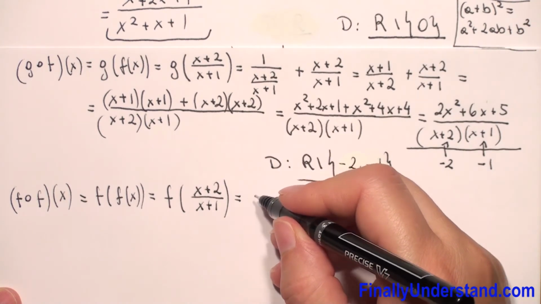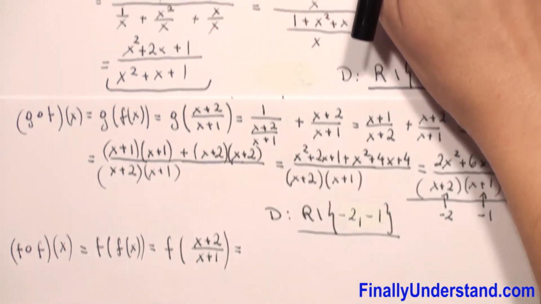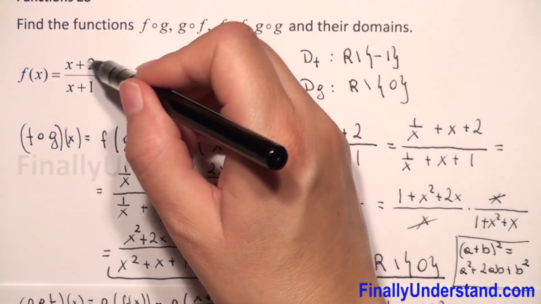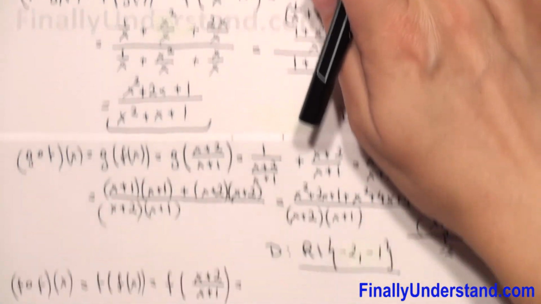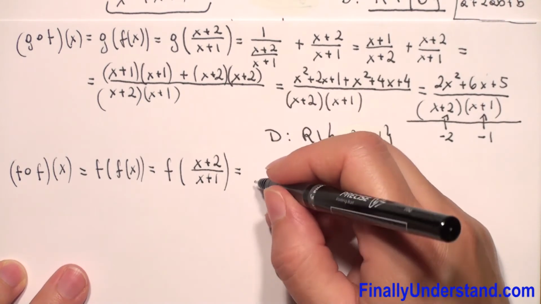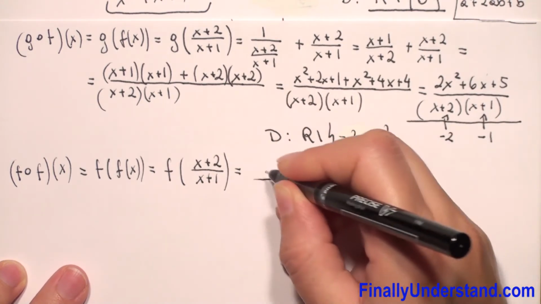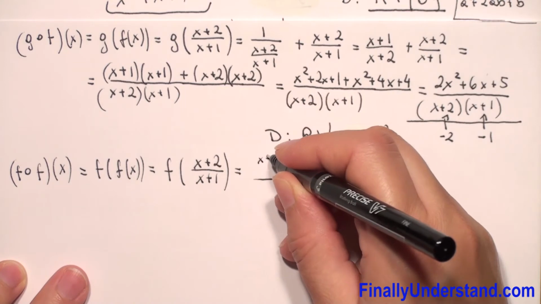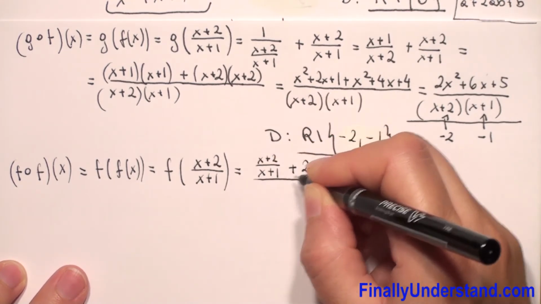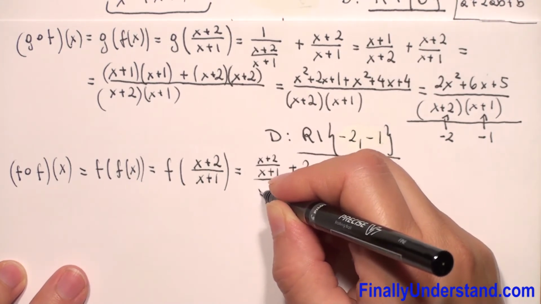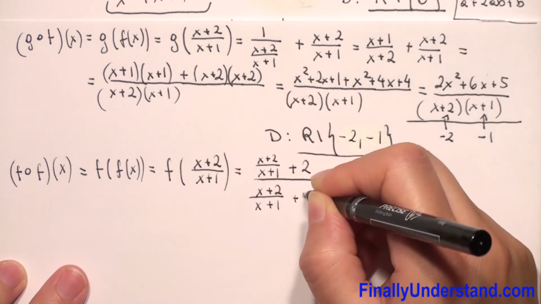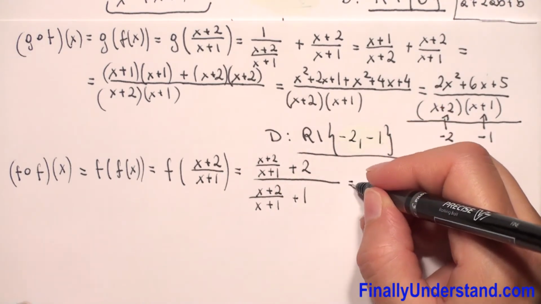And again, we have to replace x in our f function by whatever we have here in parentheses. So it will be x plus 2 over x plus 1 plus 2, and in the denominator we have x plus 2 over x plus 1 plus 1. This is equal.